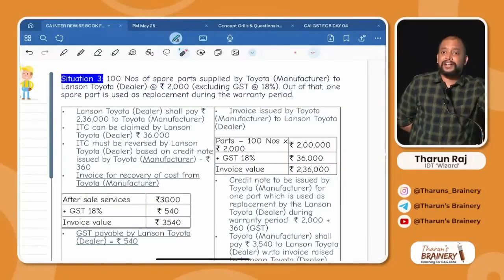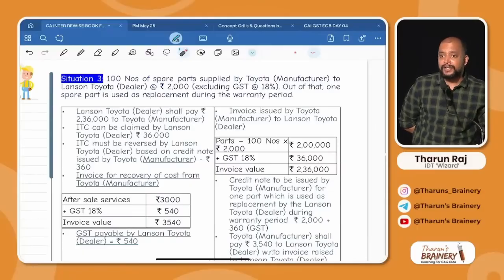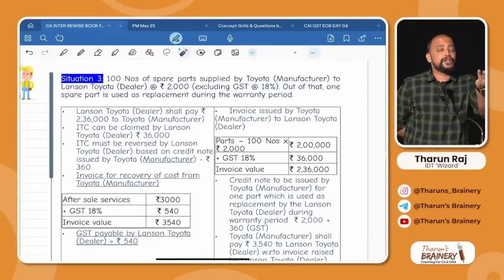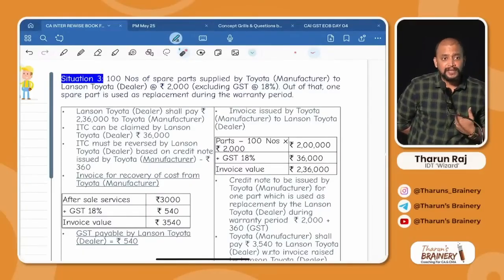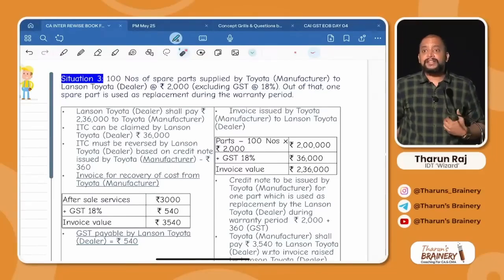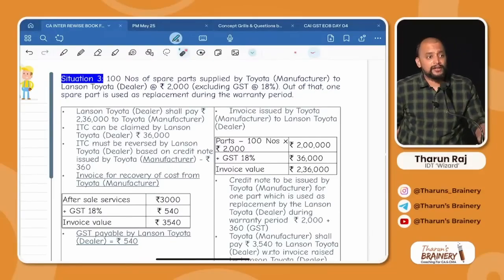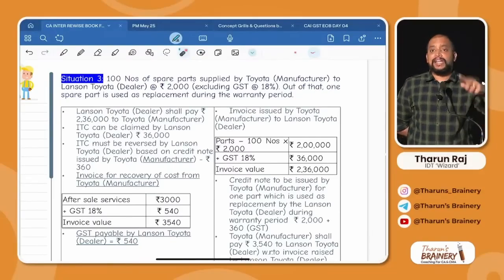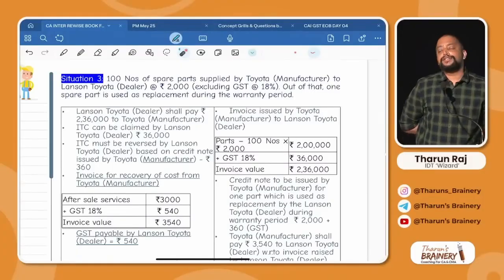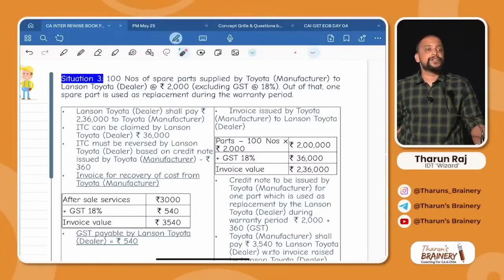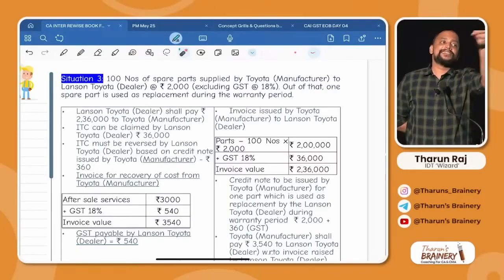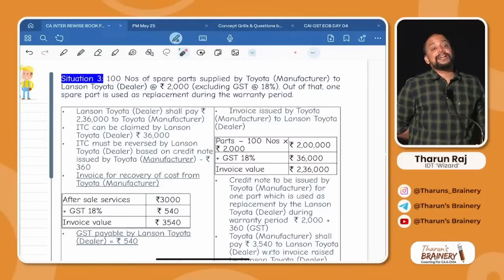No, already I sent it to you. Now what is there to recover? You will not recover from me, but you will pay me only for 99 parts. Means I have to raise you a credit note for one part. When I raise you credit note for one part, 2,360, you will reverse 360. Is it clear? How much ITC you availed?